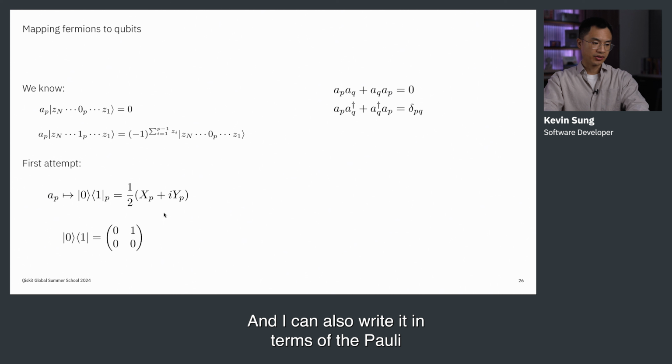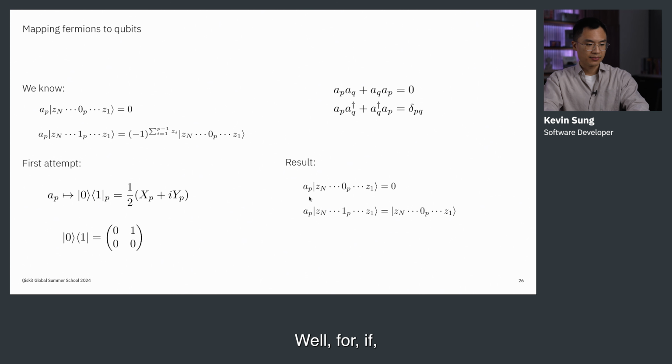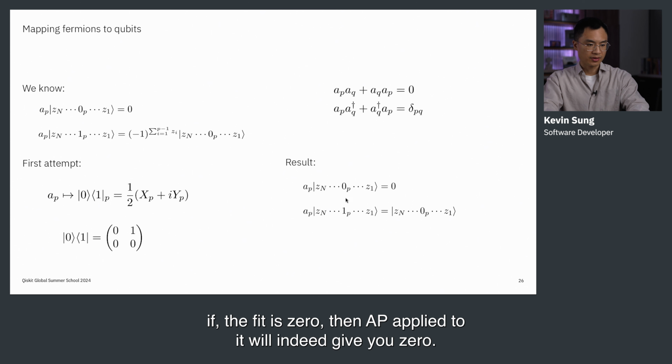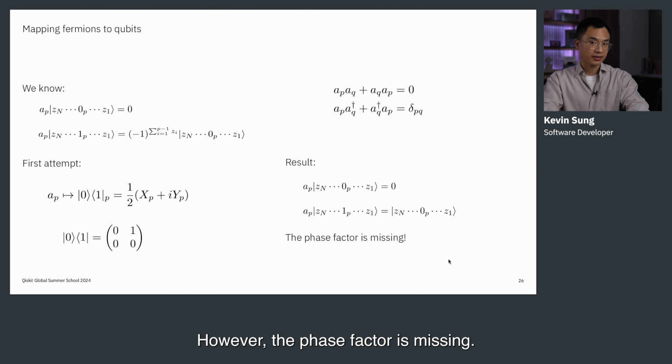I can also write it in terms of the Pauli X and Y matrices. If I act it on a bit string, if the pth bit is 0, then applying it will indeed give you 0, and if it's 1, then it will indeed flip it to a 0. However, the phase factor is missing.